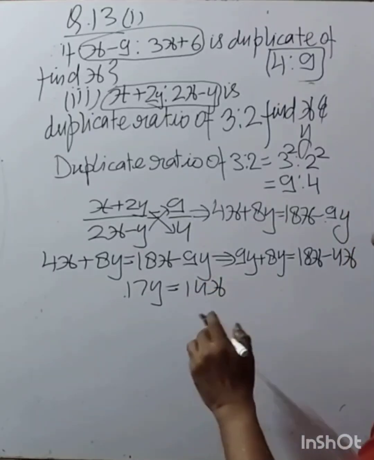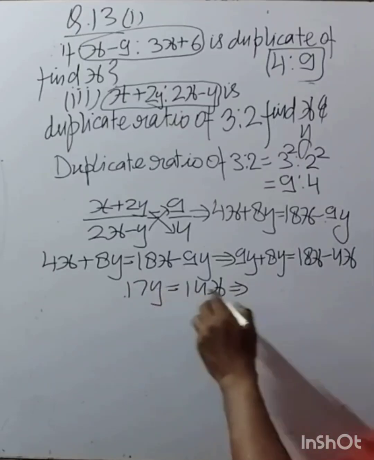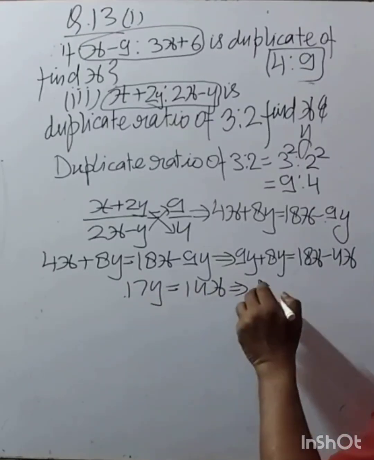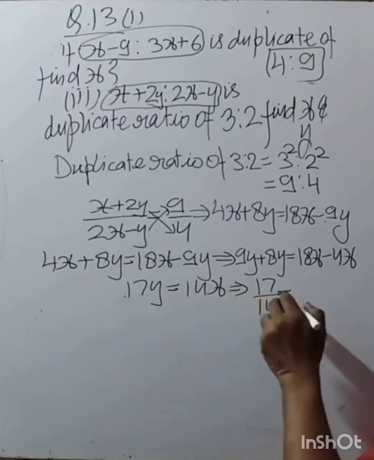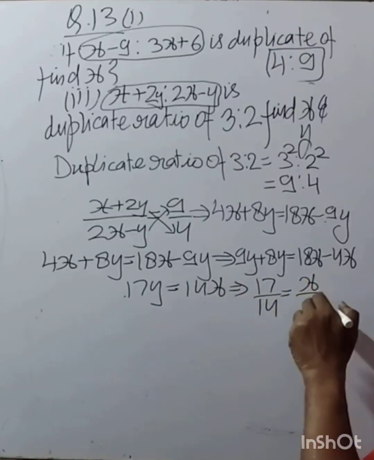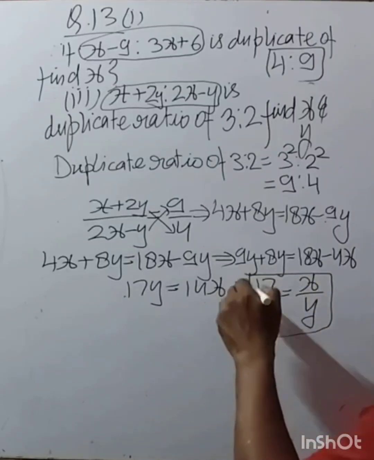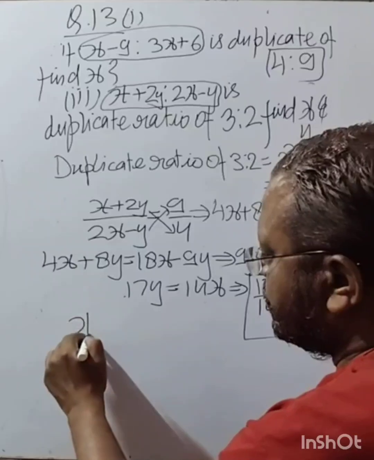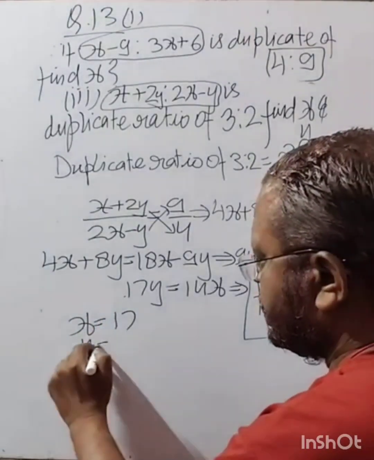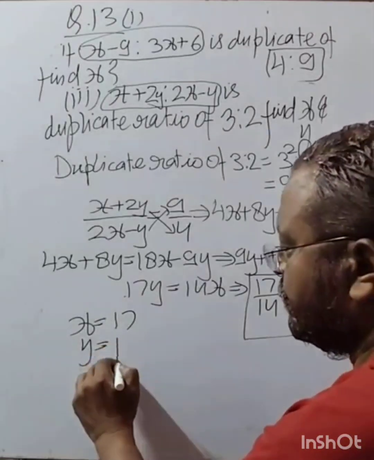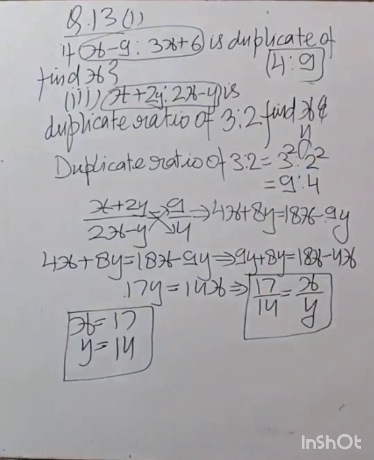So how can you write that? You can bring this y across, so 17 upon 14 is equal to x upon y. Is this? Yes. So x is equal to 17 and y is equal to 14. Is it your answer? Yes. You checked?